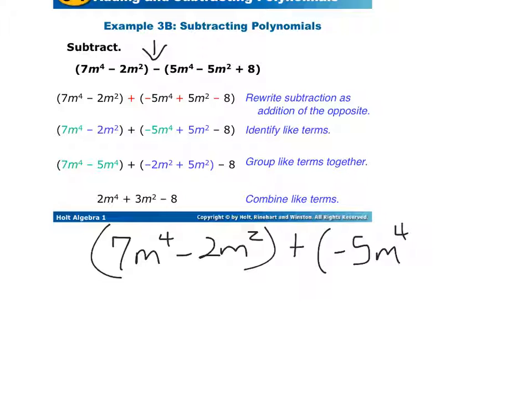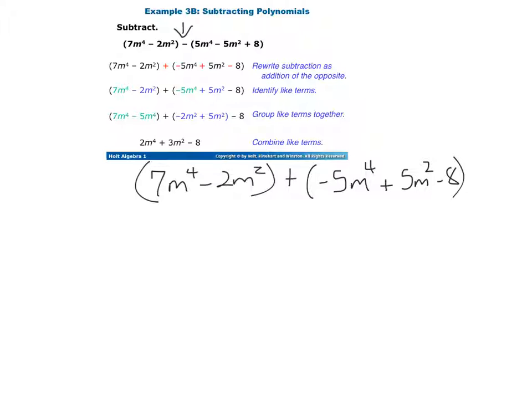So the first one becomes negative, second positive, and then the last negative. Now I go through and combine like terms. So I have m to the fourth right here, and then another m to the fourth. So when I group those, I get 2m to the fourth.